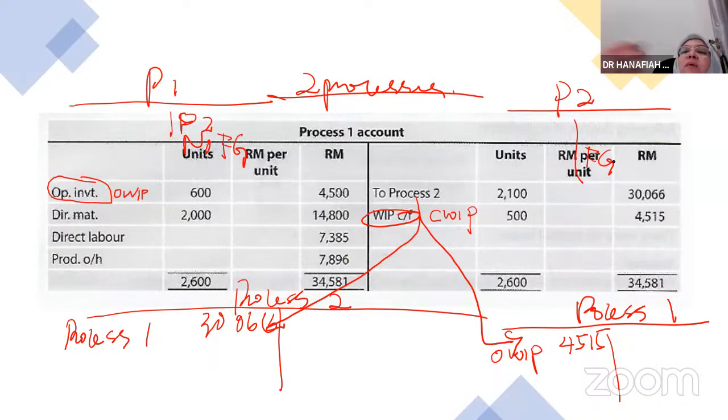In case you have a few more processes, then you cannot reach the finished good until you settle all the processes. What is complete is complete for that particular process. Do not confuse yourself.